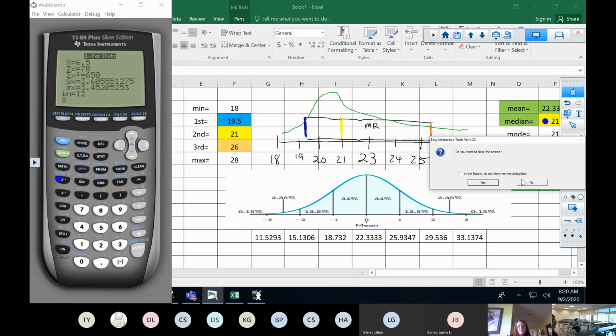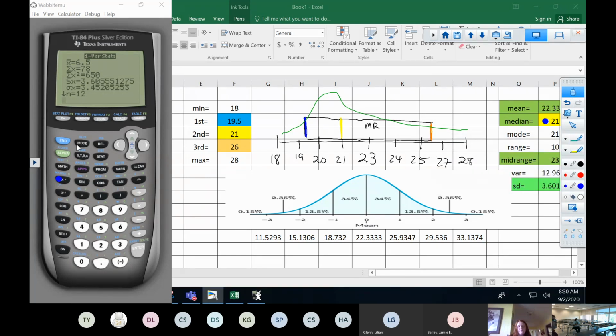Go to second, stat plot, y equals, hit enter on the on position. It's already got a scatter plot, you want the second box plot type right there.